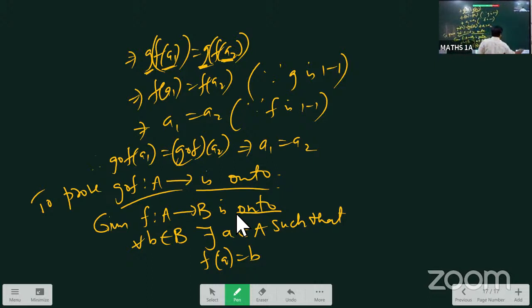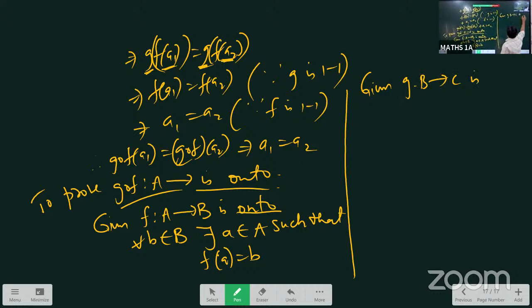Next, here only I will write. Given G is mapping from B to C is also onto. It means what?